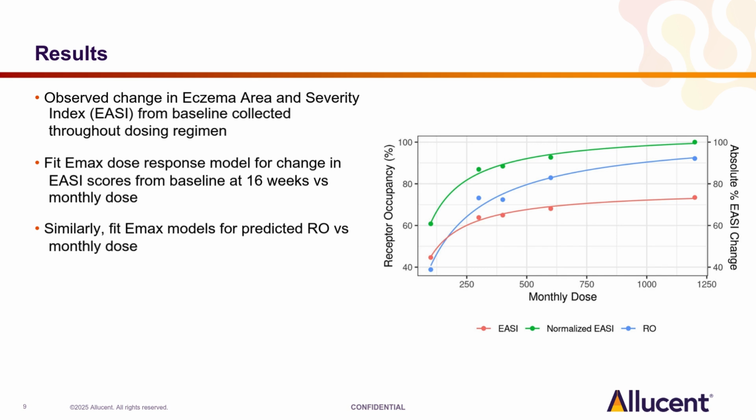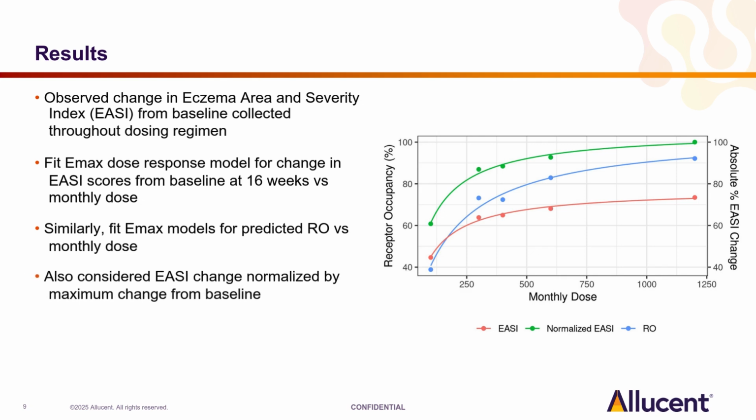And so after doing a little bit of comparison, we also decided to consider a normalized EASI score change from baseline, meaning that, say, the highest dose of 300 milligrams once weekly, we said that would elicit the most improvement from baseline. And so we scaled by that maximum change.